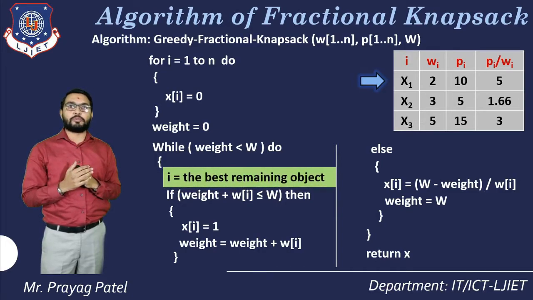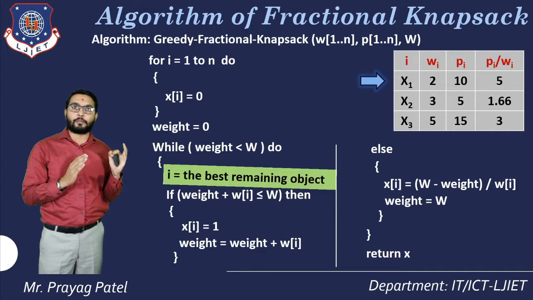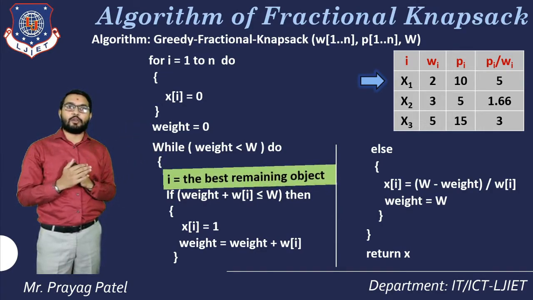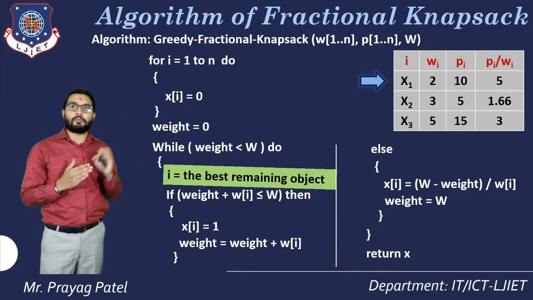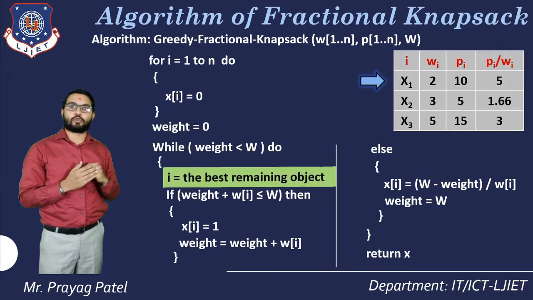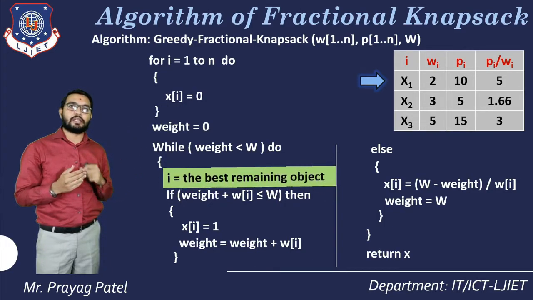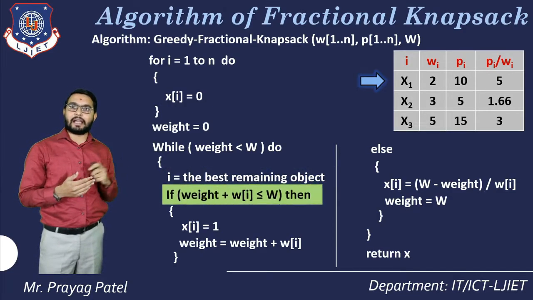Best remaining object means first we find the value of pi upon wi. Out of these 3 values, consider the best value of pi upon wi as 5. So the first object x1 is selected. So i equals the best remaining object, and the selected object is x1.